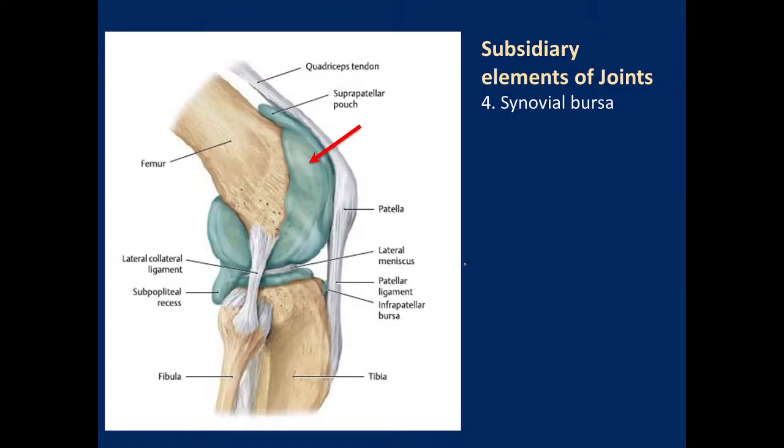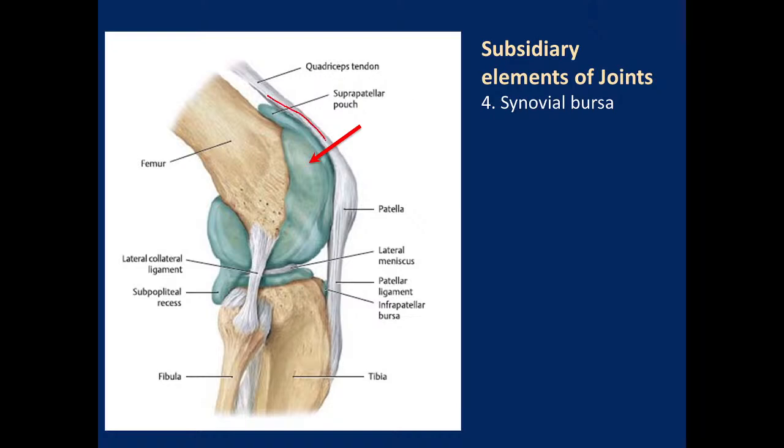The fourth subsidiary element, also in the knee joint, is called synovial bursa. Synovial bursae are located between the tendons of the muscles and the capsule of the joints.